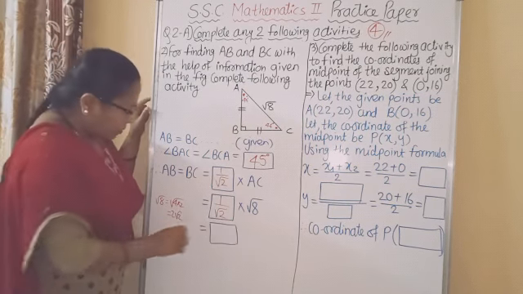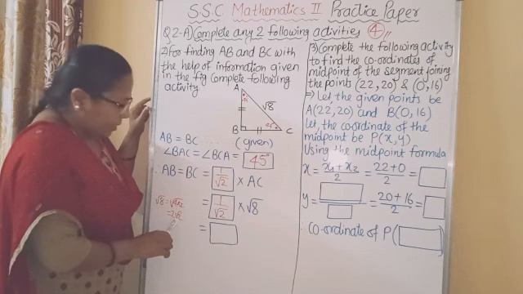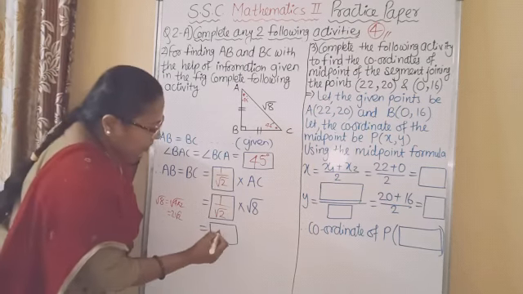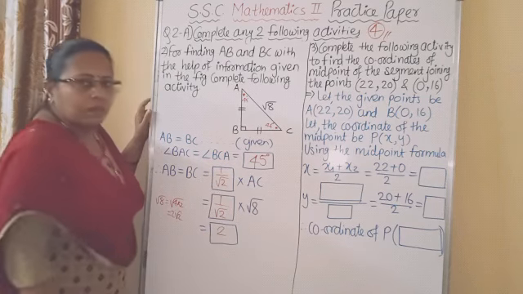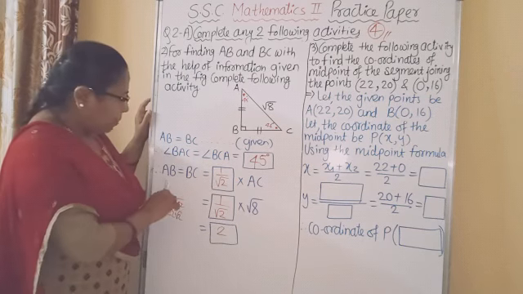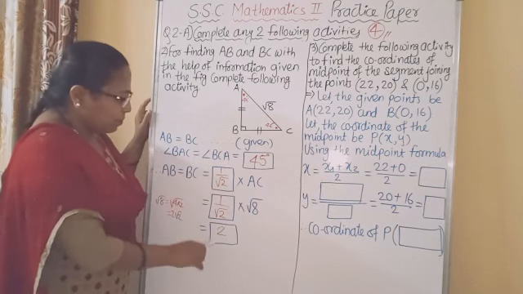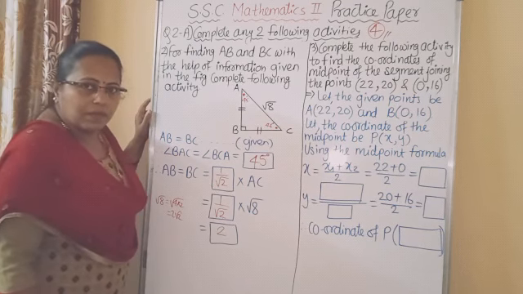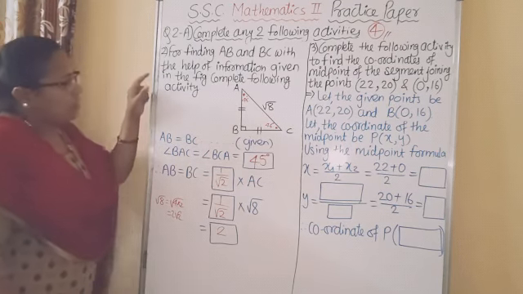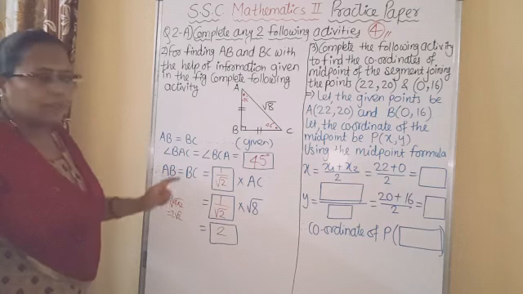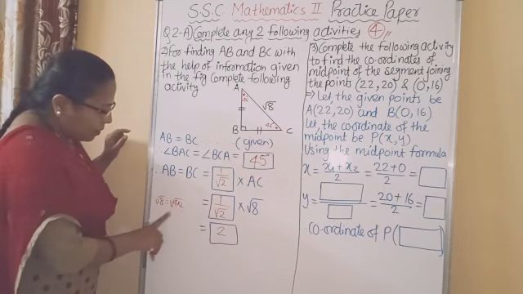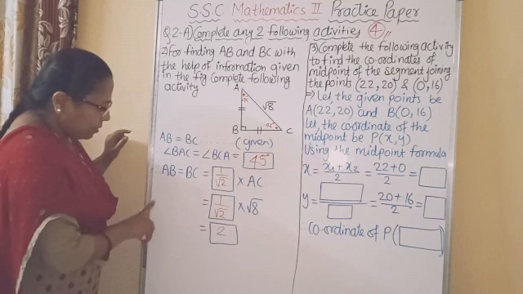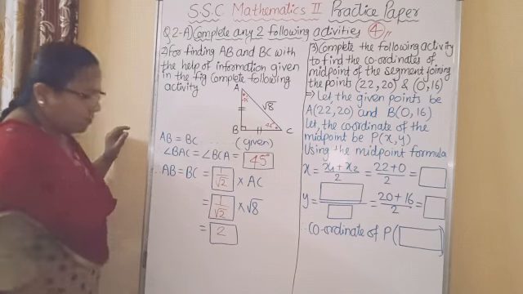So root 8 you converted into 2 root 2, and this root 2 and this root 2 get cancelled and you will get the answer 2. Followed? So AB is equal to BC and both are equal to 2. Followed here? Okay. So here this second activity is completed. This is rough work you can do on the last page, or if you can do it orally, then well and good.